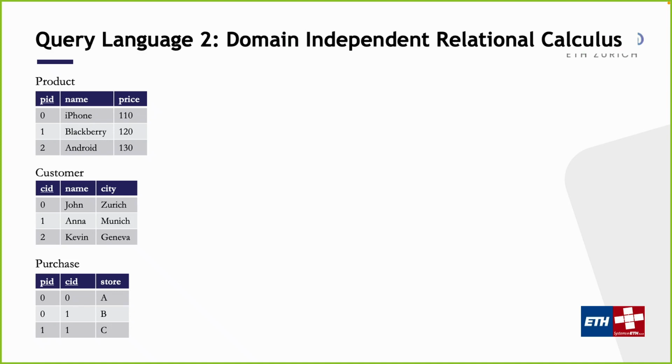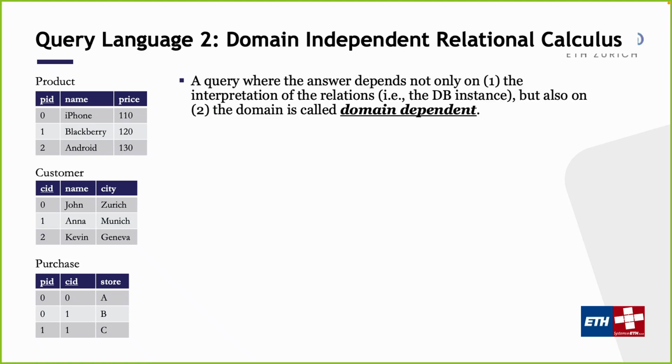If you think about the fundamental reason why a query could be unsafe, my database instance is finite. That's not my problem, right? The fundamental problem is the answer of your query is a function of your domain.